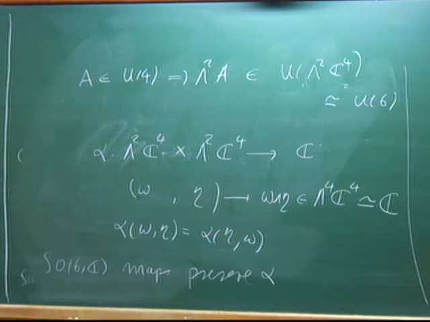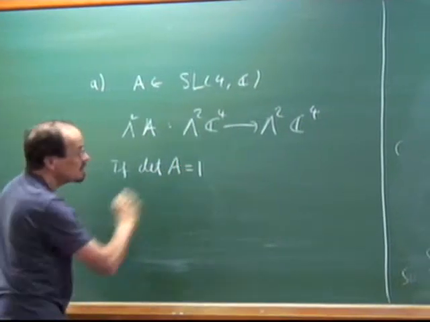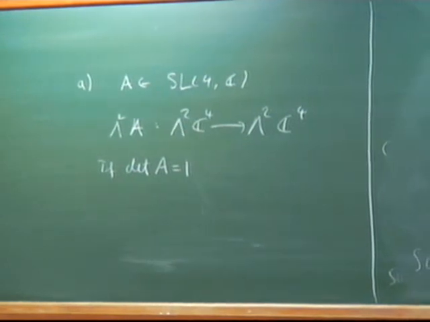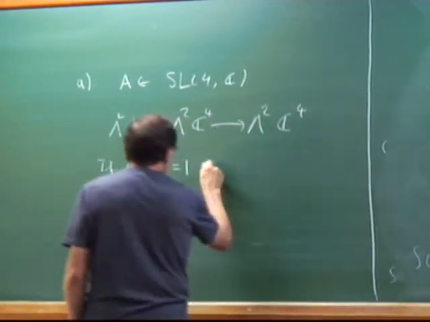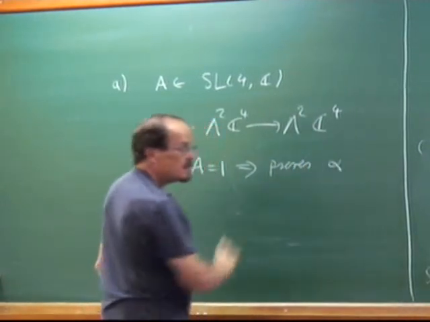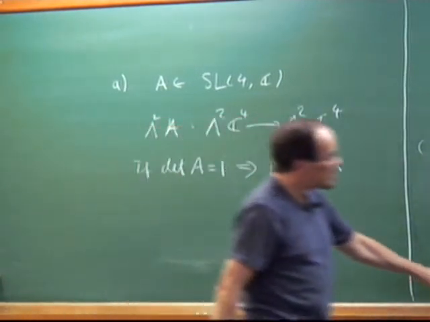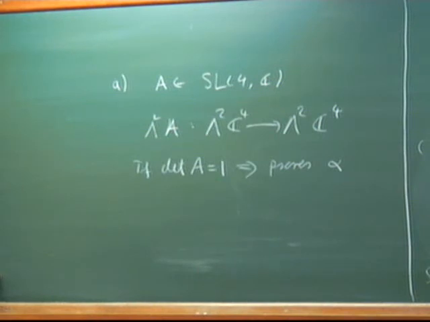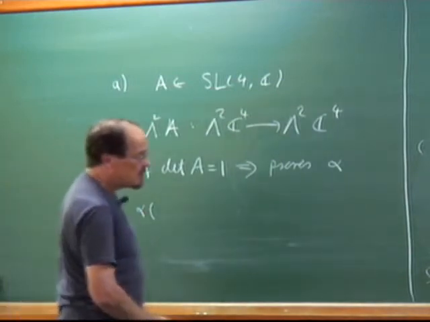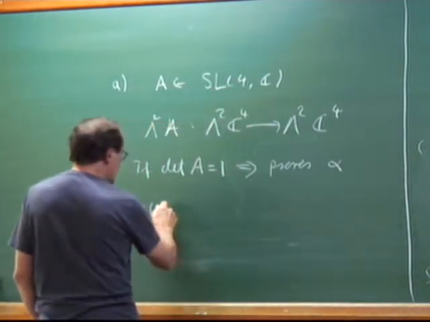And I want to claim that if the determinant of A is equal to 1, right, here we have SL4C, then it preserves alpha. And if it does, then I would land in SO6C. Let's do this computation. So what's alpha of omega, eta?